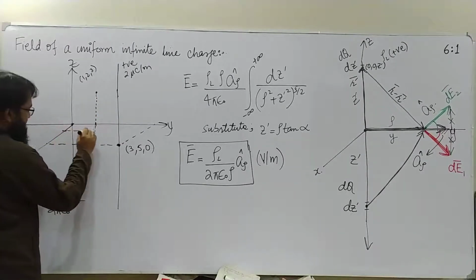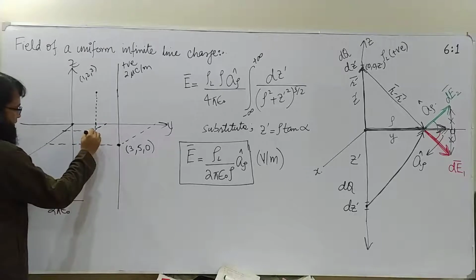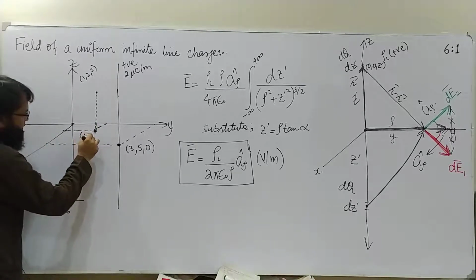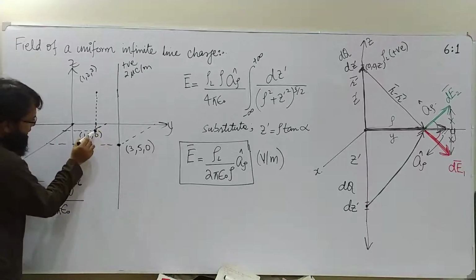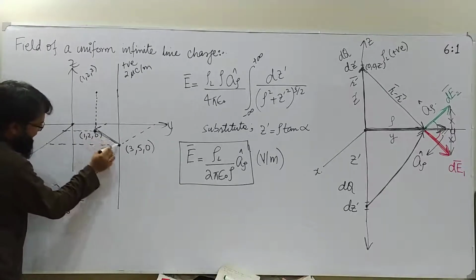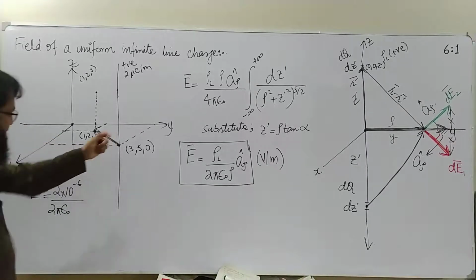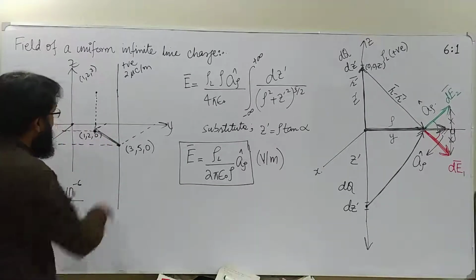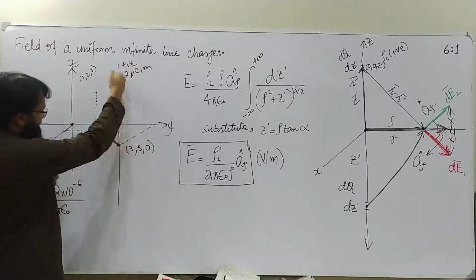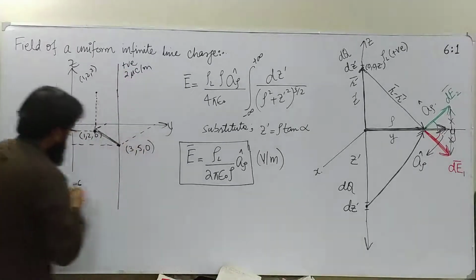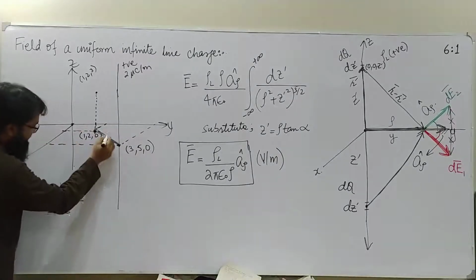So the coordinates of this point will be 1, 2, 0. Now you need this distance only, which can be found using the distance formula. Since this is a positive line charge density, this distance will be rho.